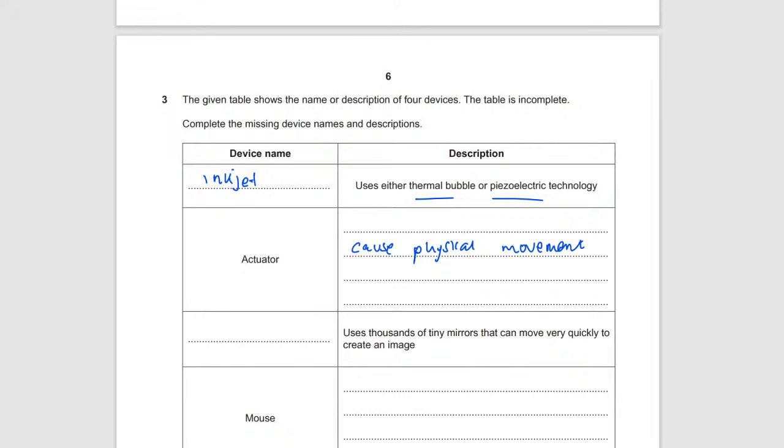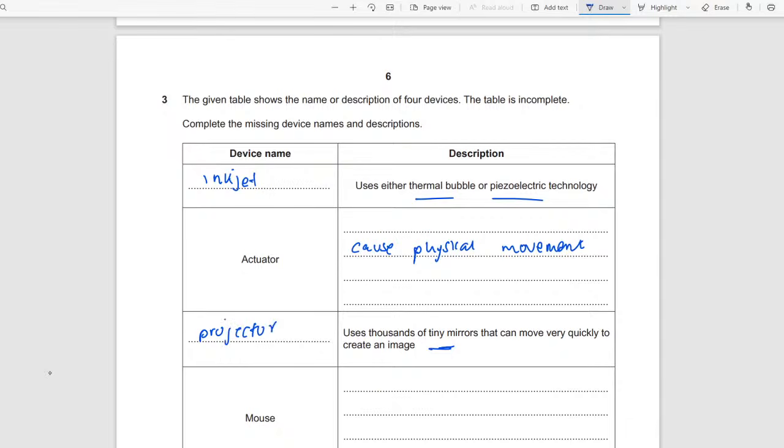We move on to uses thousands of tiny mirrors that can move very quickly to create an image. So whenever you see tiny mirrors, and many of them, you know it's a projector.